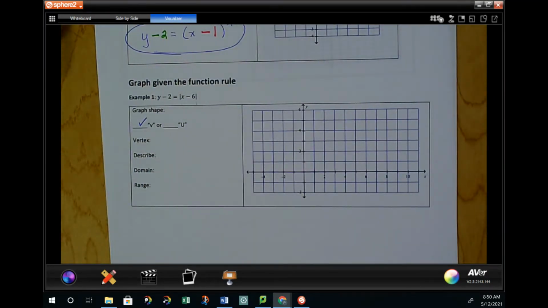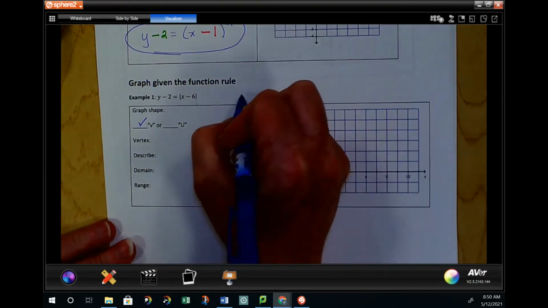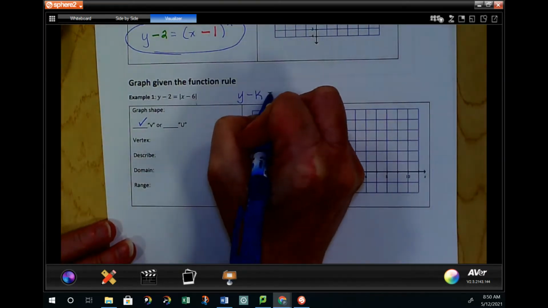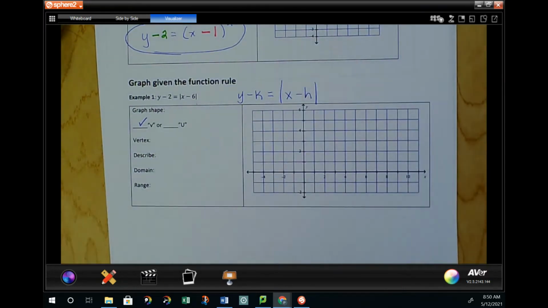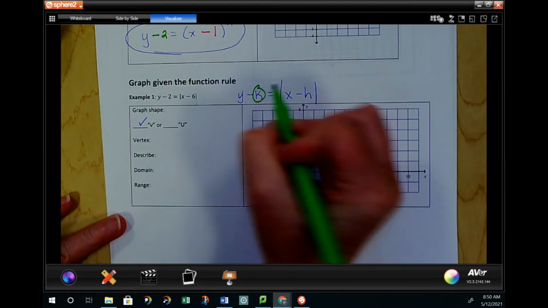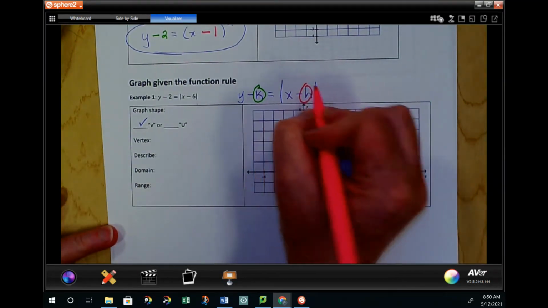So the next thing is, remember that now you've got to do your vertex. Your general rule on this is y minus k is equal to the absolute value of x minus h. So remember that this is your k, and this is your h.